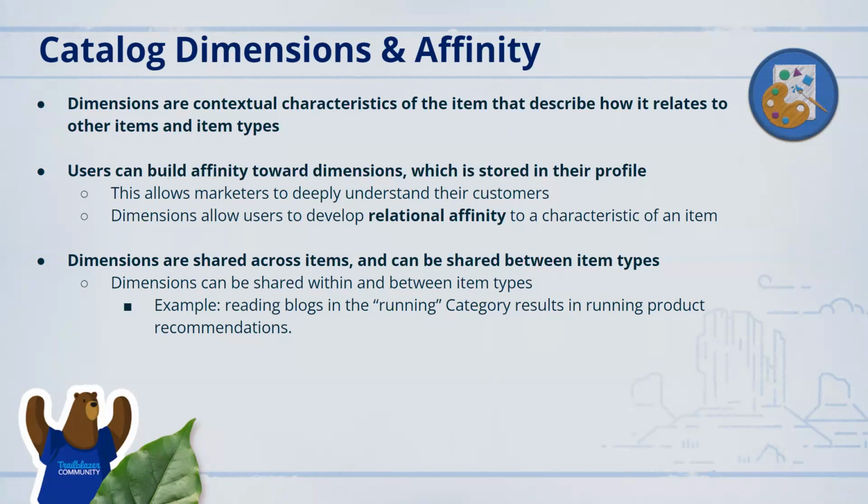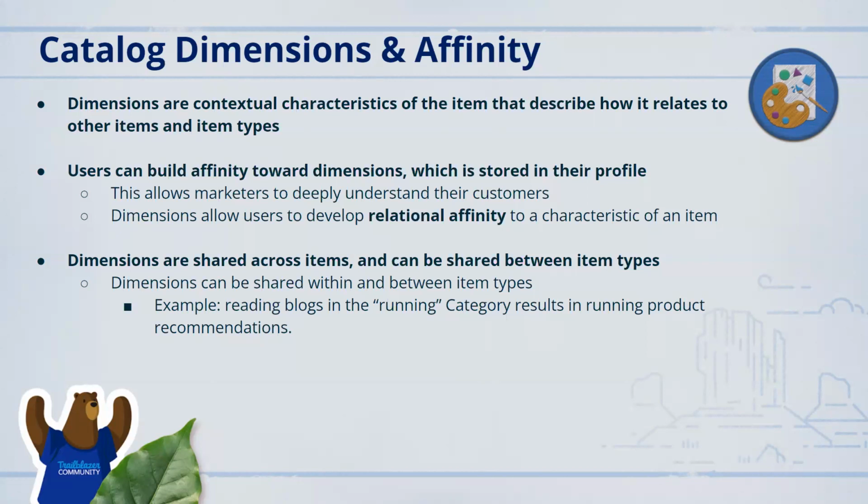So unlike attributes, users can build affinity toward dimensions. It's tracked by the catalog events that we reviewed earlier, like the views and the page visits. This affinity is stored in the customer profile, that wheel that was holding those dimensions, and that's what's used for recommendations and targeting to, again, provide that relevant user experience.